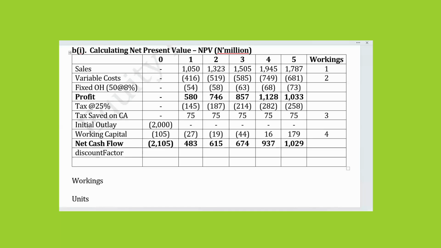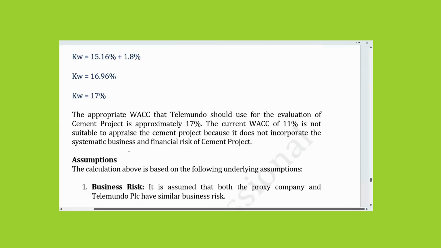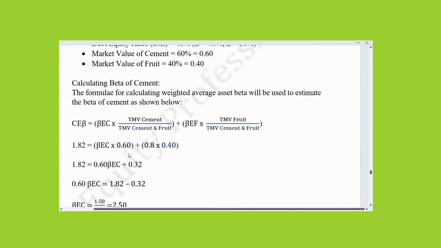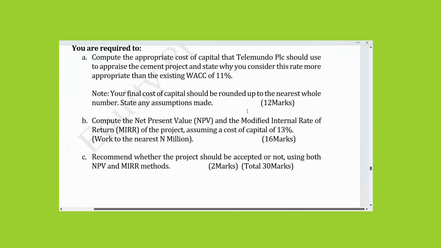According to the question, the examiner told you that you should assume a discount factor of 13%. Ordinarily I would expect the examiner to ask you to use the cost of capital you compute in requirement A to appraise the project.